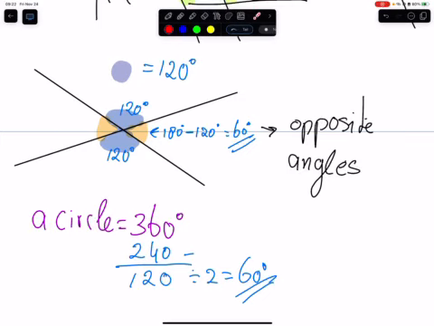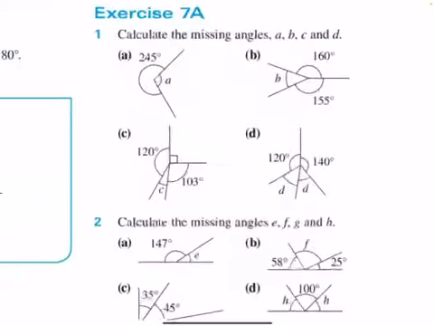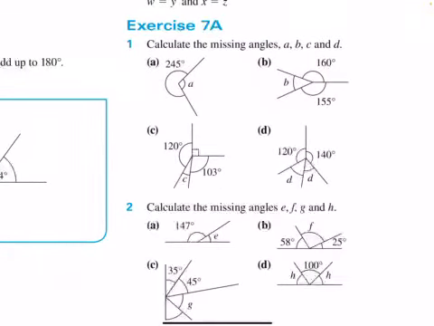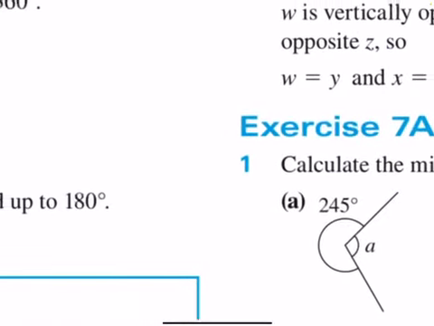And now, for the interesting part, the book. Exercise 7A. 1A. What is the angle? Oh, wait. The most important thing.